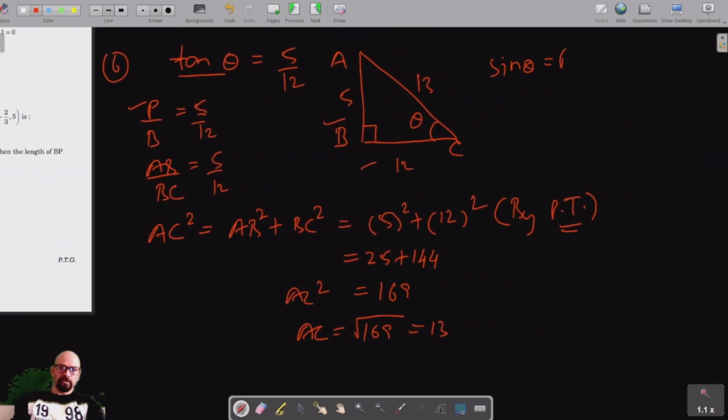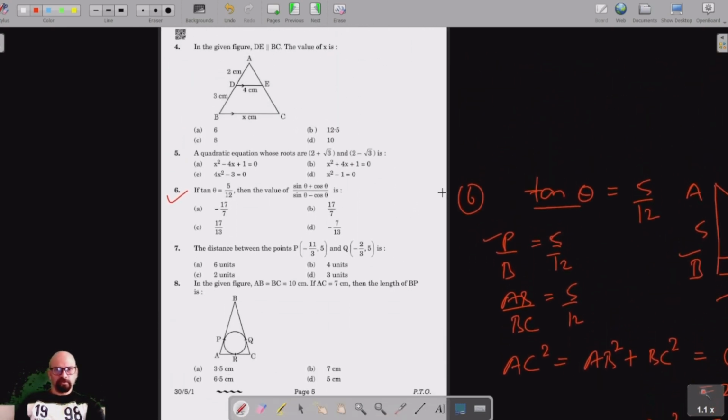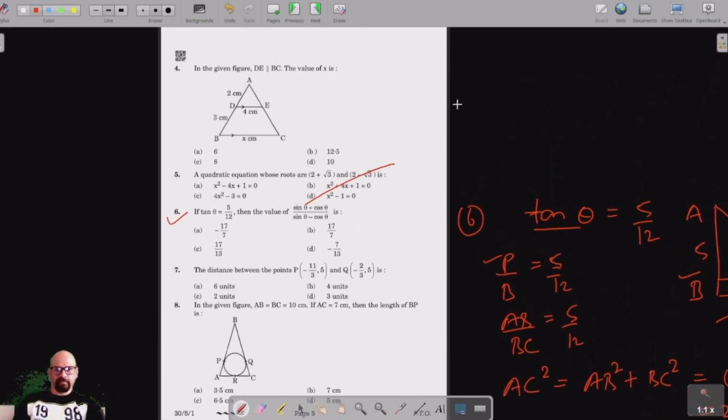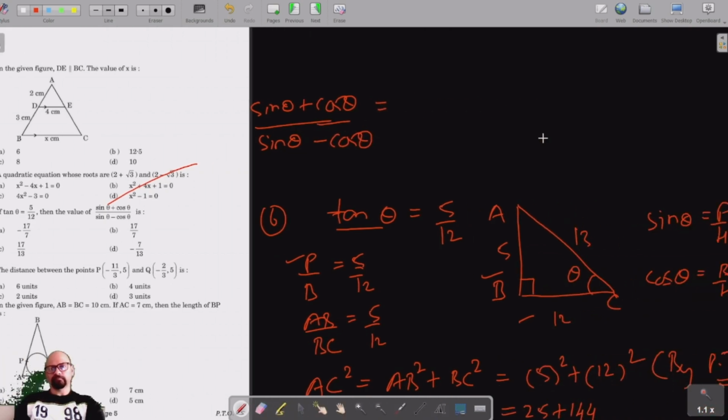So sine theta is P by H, which is 5 by 13, and cos theta is base by hypotenuse, which is 12 by 13. Let's put in the respective values in this: sine theta plus cos theta upon sine theta minus cos theta.